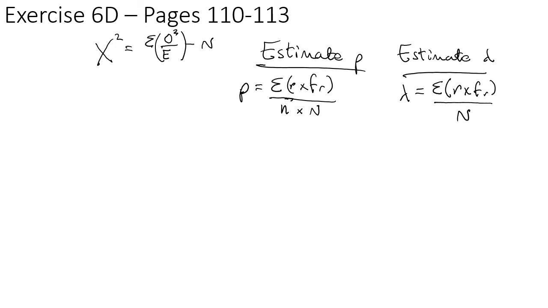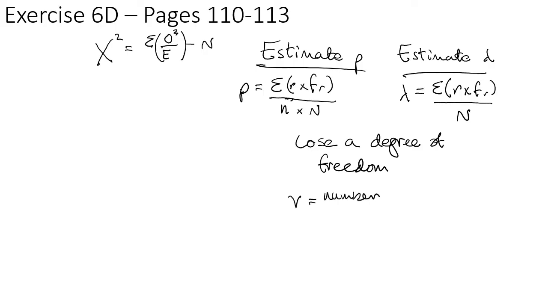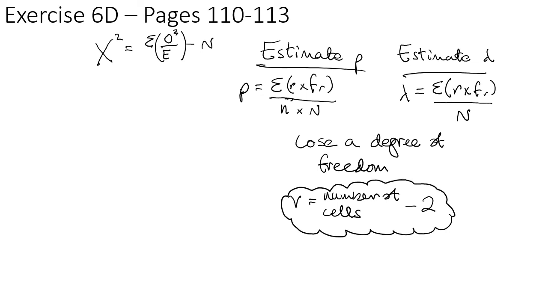And when we estimate this, we lose a degree of freedom. So that means that to calculate this, it's the number of cells after combining, but we take away 2, and that's going to happen when you need to estimate that.